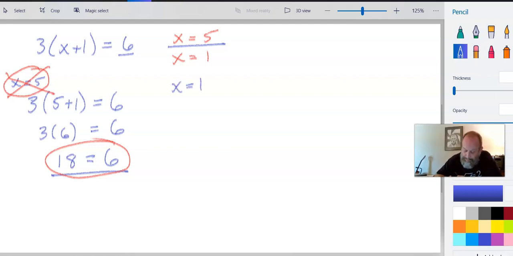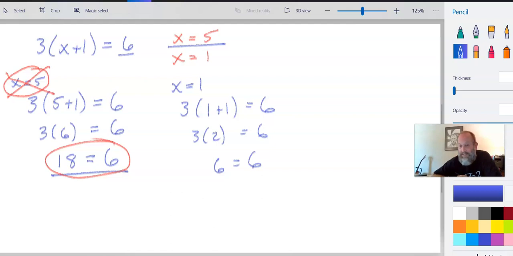x equals 1. So let's plug it in. That means I have 3 times 1 plus 1 equals 6. Well, 1 plus 1 is 2. So 3 times 2 is equal to 6. And we know 3 times 2 is 6. And just to finish it up, make it feel nice, we can go ahead and write 6 equals 6. But you can stop as soon as you see that it's going to be a true statement.